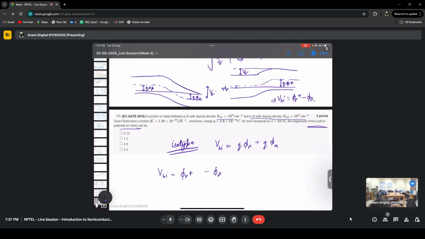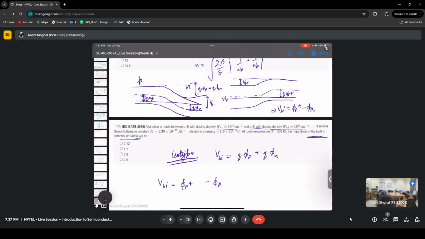So for a PN junction, we had this Ei, and for the VBI calculation, because of this difference, the conduction band was q phi P plus q phi N. But for a P P-plus junction, what will happen?